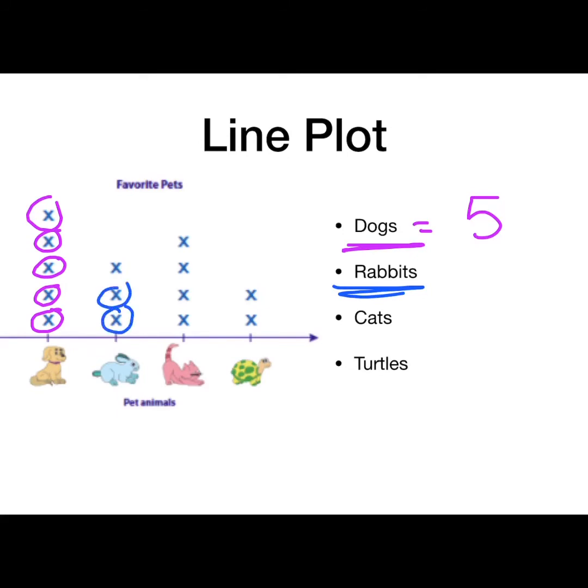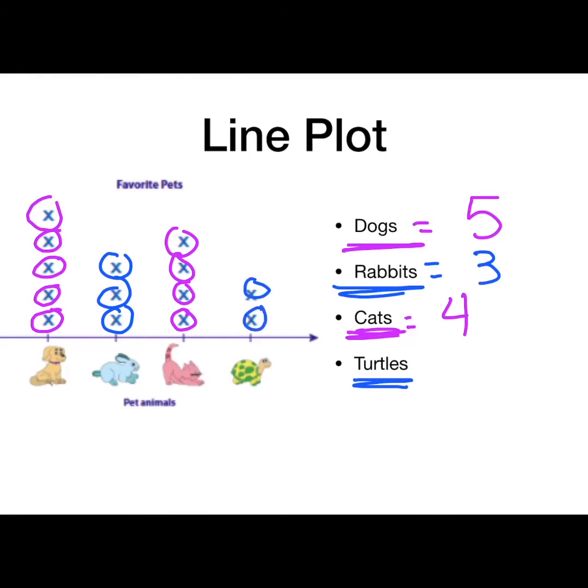Let's count together. 1, 2, 3. So 3 people thought rabbits were their favorite animal. Let's look at cats. 1, 2, 3, 4. So 4 people thought cats were their favorite animal. And last but not least, let's look at turtles. 2 people thought turtles were their favorite animal.